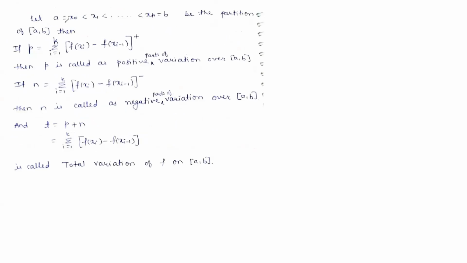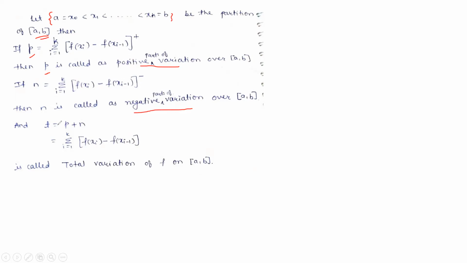Now let a = x0 < x1 < up to xk = b be any partition of this closed interval [a, b]. Then small p, which is equal to the summation i from 1 to k of the positive part of f(xi) minus f(xi-1), is called the positive part of variation over [a, b]. Similarly, small n, which is equal to the summation i from 1 to k of the negative part of f(xi) minus f(xi-1), is called the negative part of variation over the closed interval [a, b].